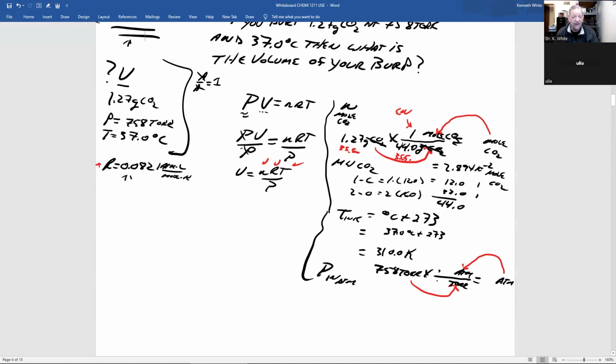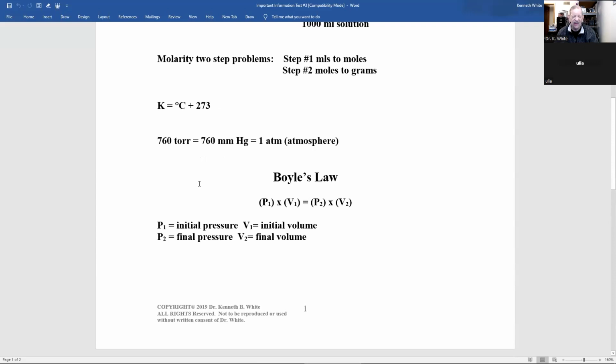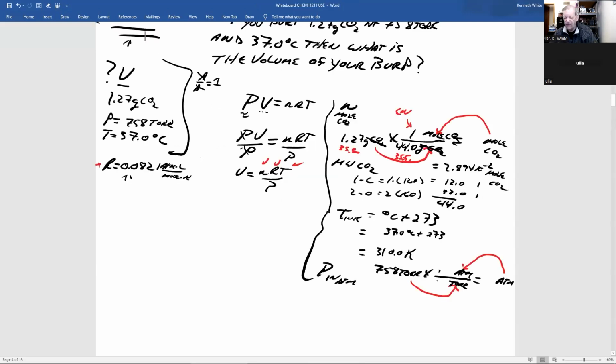If we go to important information, test number 3, 760 torr equal 1 atmosphere, also equals 760 millimeters of mercury. So for every 1 atmosphere, there's 760 torr.